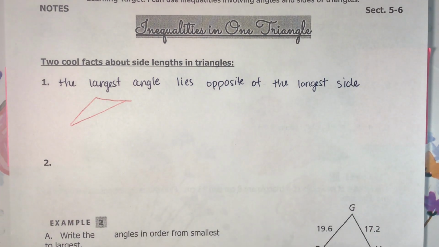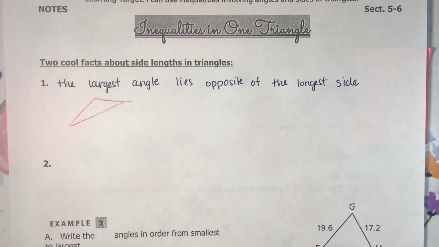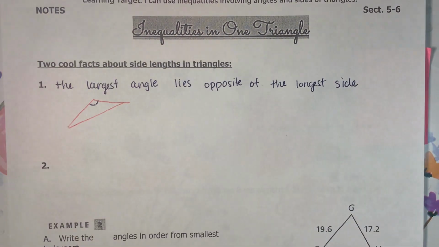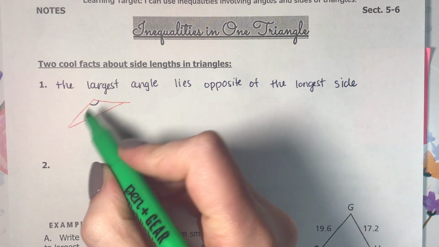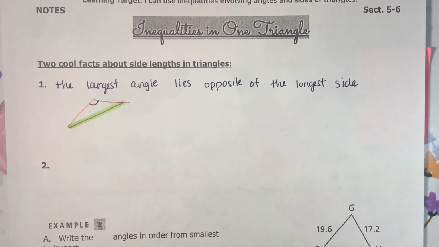And it's very obvious that this angle is the largest angle. And notice how it's on the opposite side of the triangle where the longest side is. Right there is clearly the longest side of that triangle. So that's all that's saying. The largest angle is opposite of the longest side.